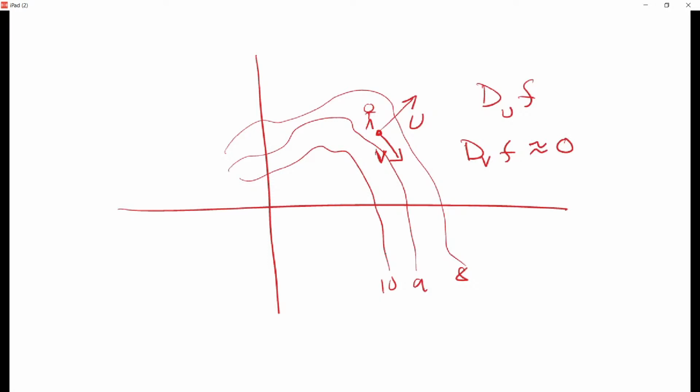Notice that if I go this direction, I'm basically walking along the same direction as these contours. And so you would expect it to be pretty flat in this direction. This might be downhill. That's probably going to be flat. This will be uphill. So the direction you're going is going to determine your slope.